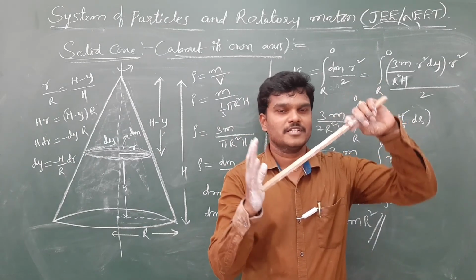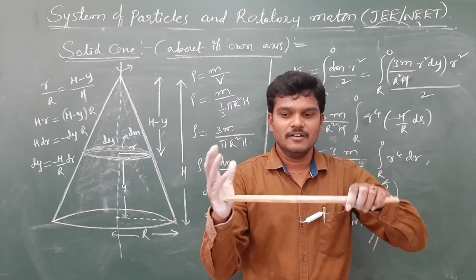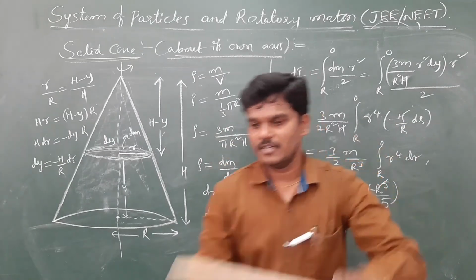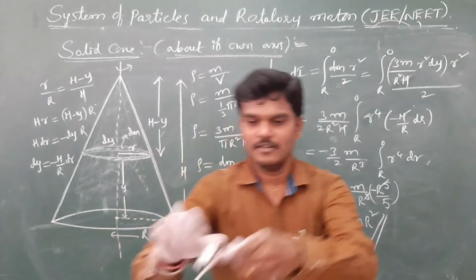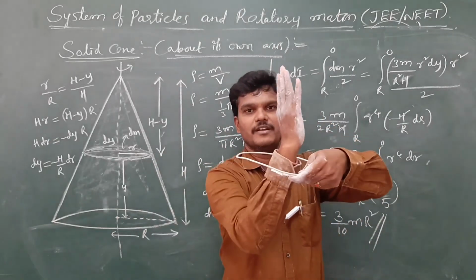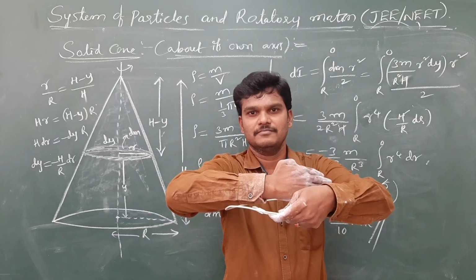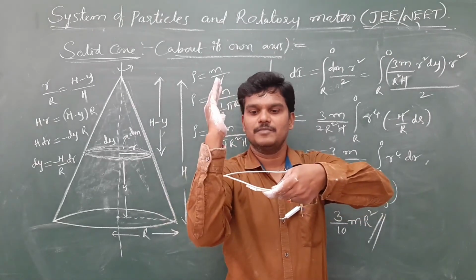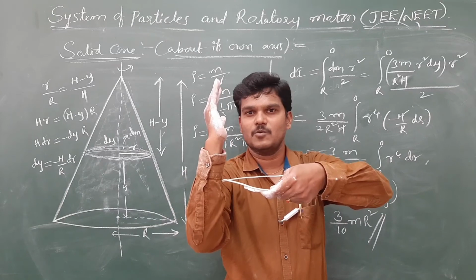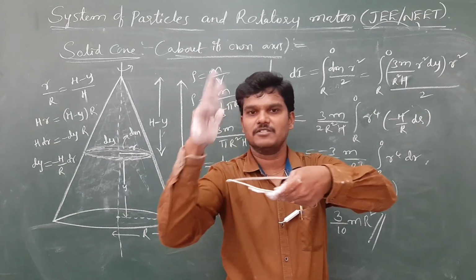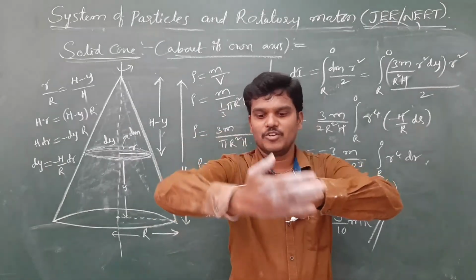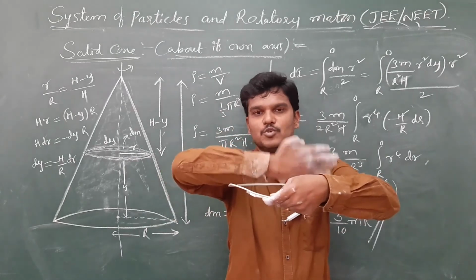Next we entered into the circular ring. For a ring passing through the center perpendicular to the plane, mr square. About a diameter, mr square by 2, half. About a tangent perpendicular to the plane, mr square plus mr square, 2 mr square. About a tangent in its plane, mr square by 2 plus mr square.